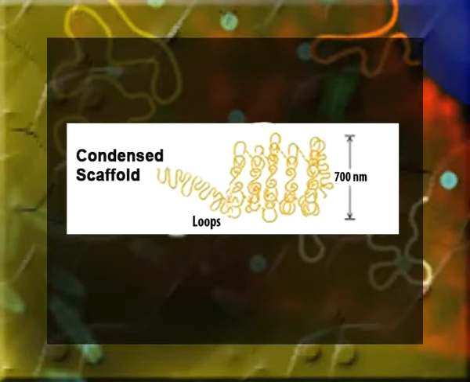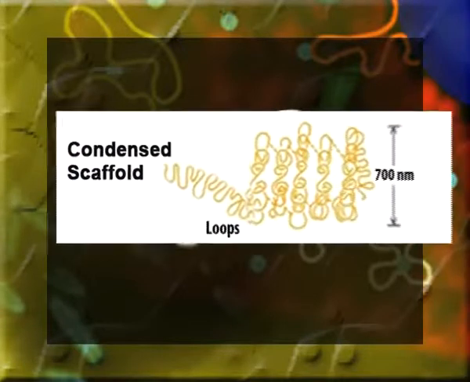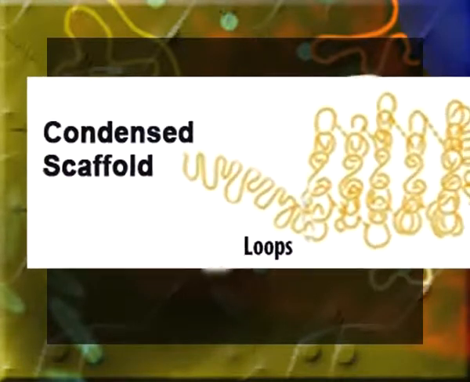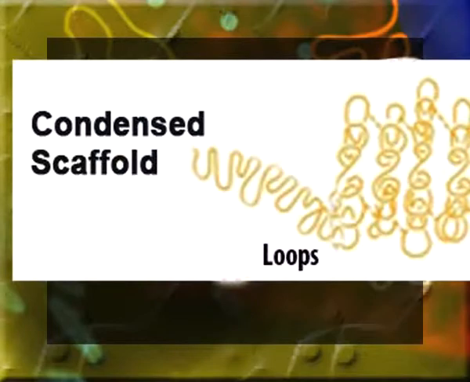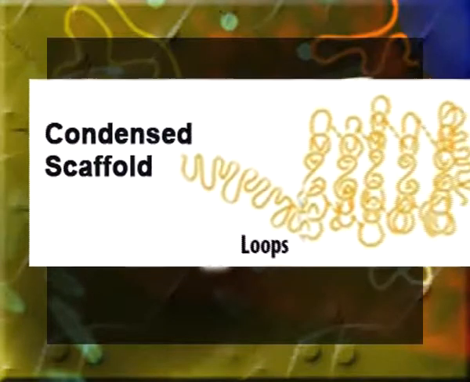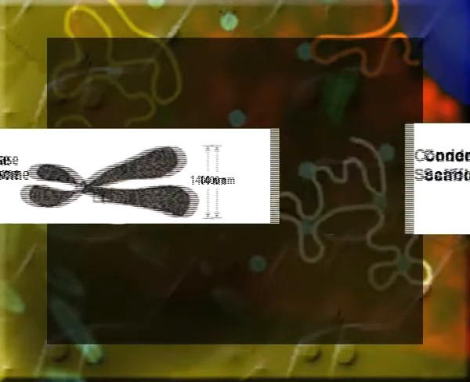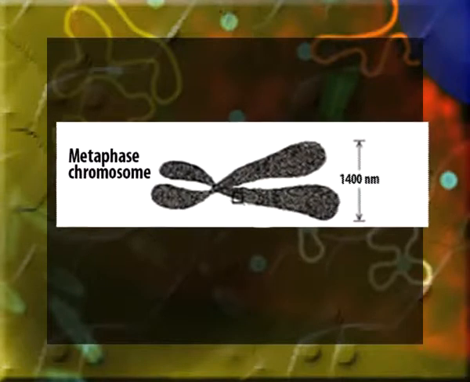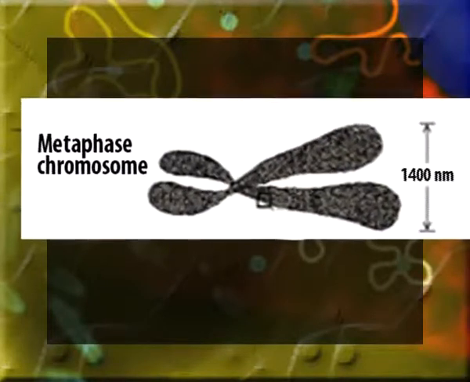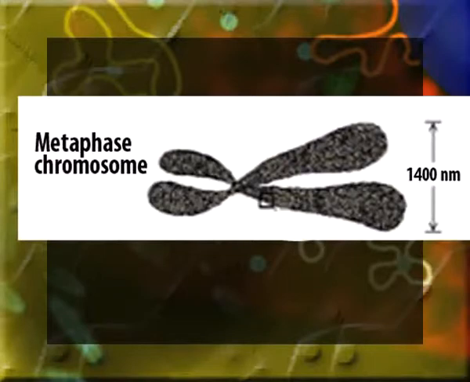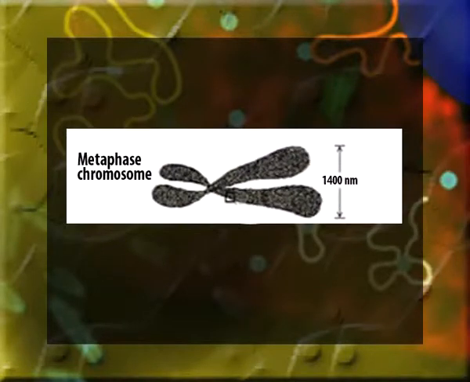The final level of packaging is determined by the organization of the 30 nm fiber itself. This gives an overall packaging ratio of about 1000 in euchromatin, cyclically interchangeable with packaging into mitotic chromosomes to achieve an overall ratio of about 10,000.